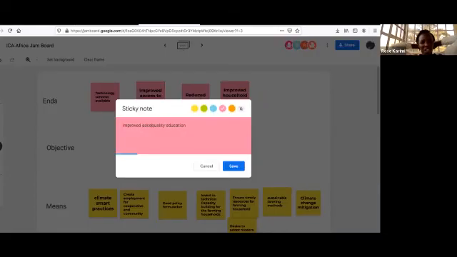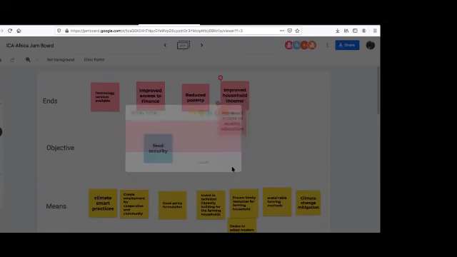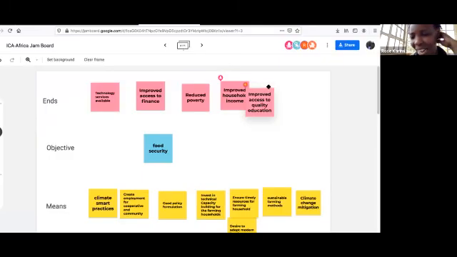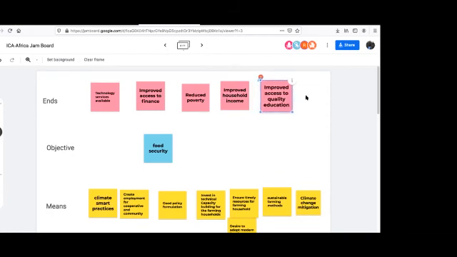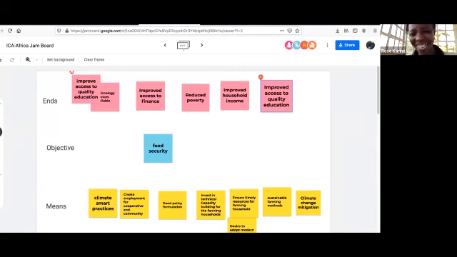Because before, our education was poor. And actually, even if I have no food and I'm in class, then I may not even understand what is happening in that particular class. Concentration would be a challenge then. Exactly, concentration, if I'm on an empty stomach. Thanks for that. Thanks for improving our objective tree.